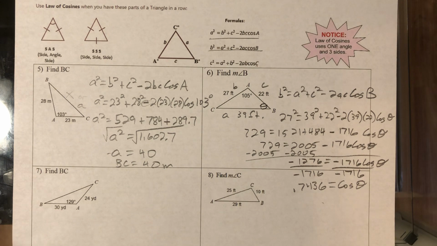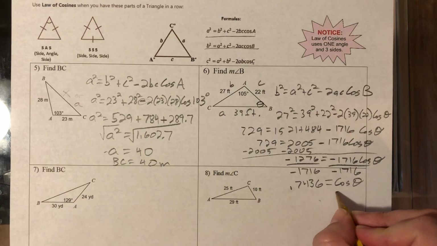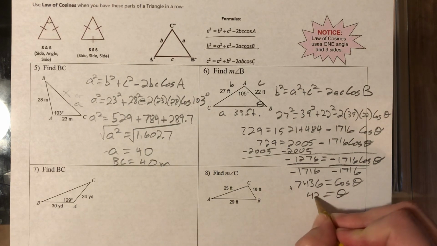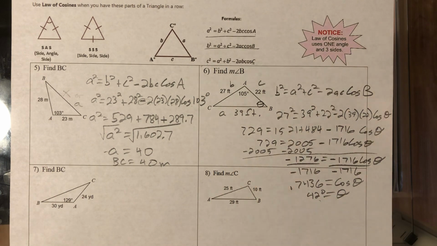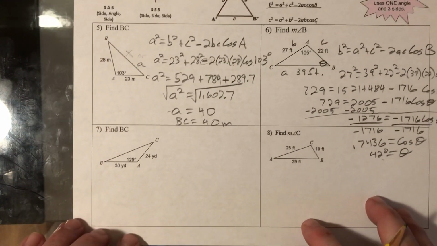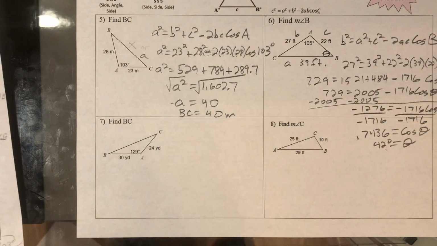And then when we do the inverse trig ratio, the inverse cosine, we're going to enter in that 0.7436. And we're going to get our angle to be about 42 degrees. So theta equals about 42 degrees. Like I said, it's a lot of work to get there. I understand.